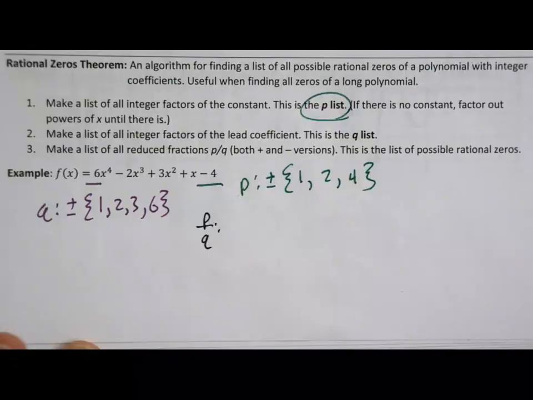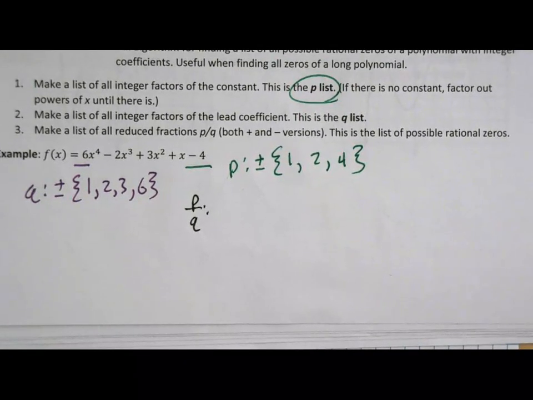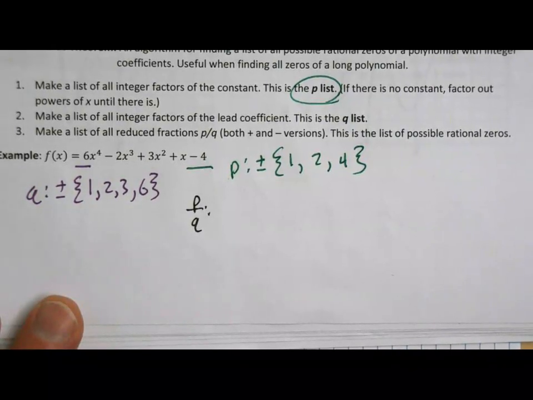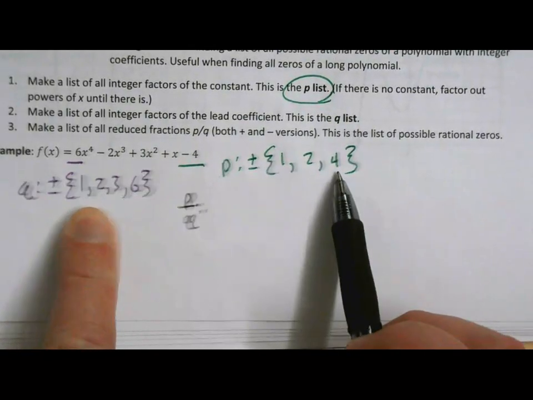And I'm going to make a long list here, and then I'm going to go back and put them in numerical order and get rid of any duplicates. So to make this easier for me, first of all, I know there's going to be 12 things on this list. 3 times 4.